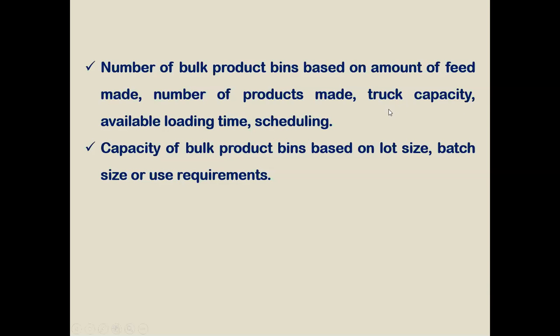Like that it also depends on the truck capacity. The bin size also depends on truck capacity, available loading time, and schedule of the movement of the truck. So these are also very much important for feed mills, and the capacity of the bulk product bin is based on the batch size and the requirement of that particular product.